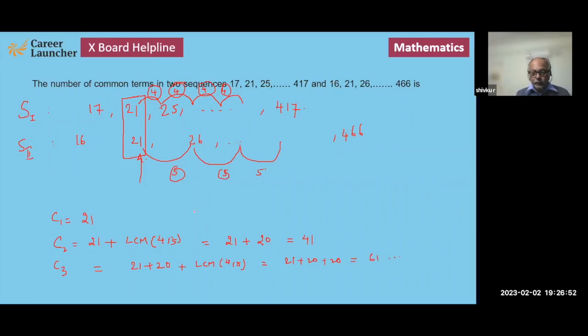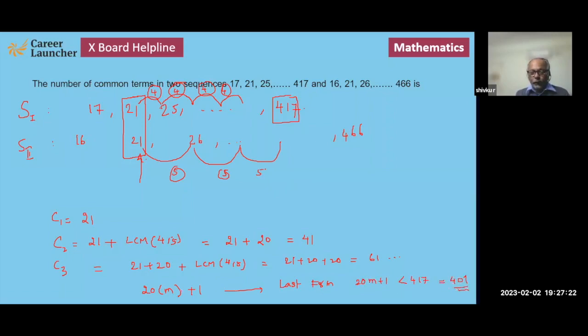And I can see that this is going as multiples of 20 plus 1. And the last term that will be common to both of them has to be less than 417. So the last term, right, which is of the form 20m plus 1 and less than 417 is 401, right?